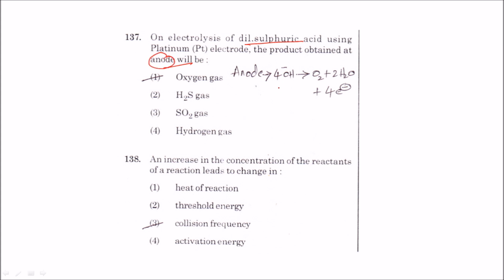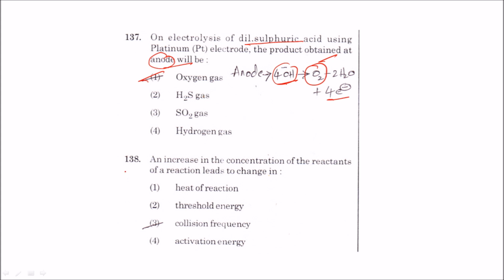So if we take anode reaction, hydroxide ion migrates to the anode, which undergoes loss of 4 electrons and is converted into O2. Anode reaction is 4OH- gives O2 plus 2H2O plus 4 electrons. So the gas evolved or liberated is oxygen gas. The right answer is option first, oxygen gas.